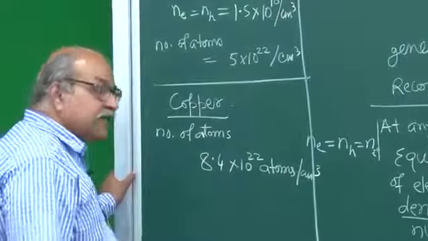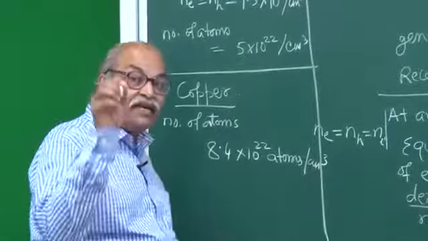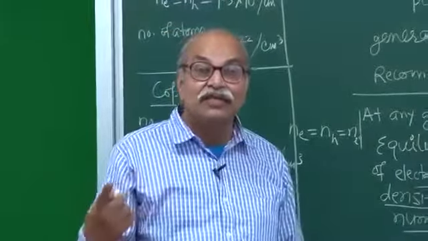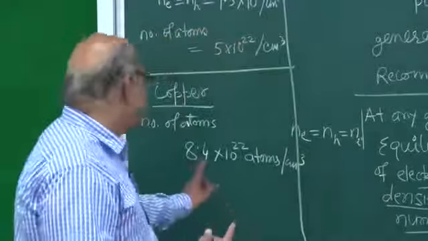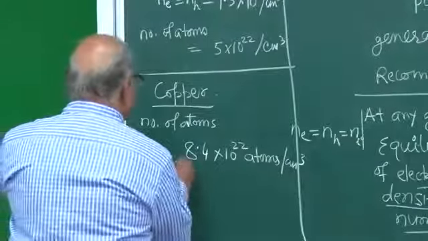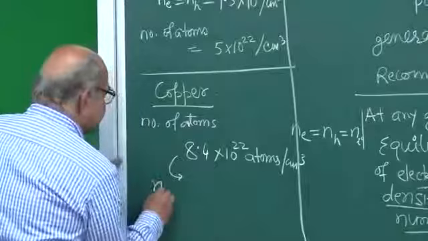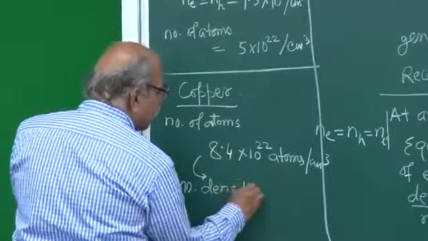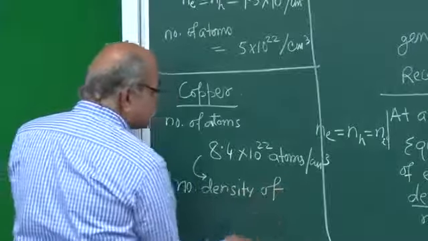Okay, and each atom in copper contributes 1 electron to the conduction band, and therefore this is also the number density of conduction electrons.